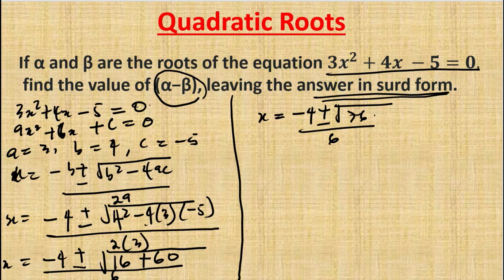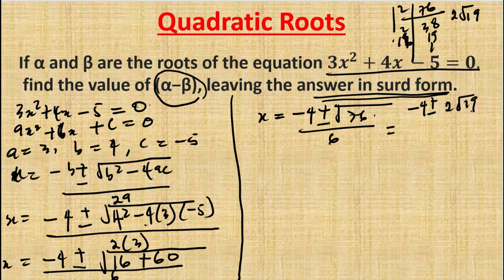Now let's try and break down 76. If I want to factorize 76, that will be 2 times 38, 2 again is 19, and now I have 19. So the square root of 76 will be 2 root 19. So I can easily rewrite this as minus 4 plus or minus 2 root 19 over 6.